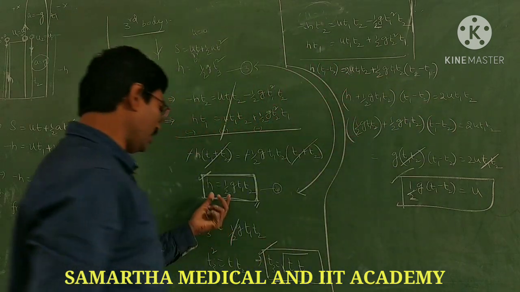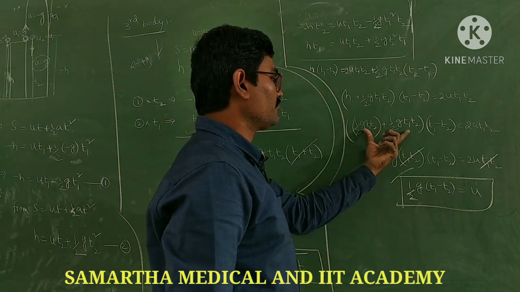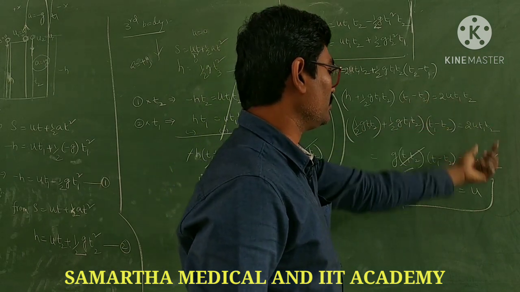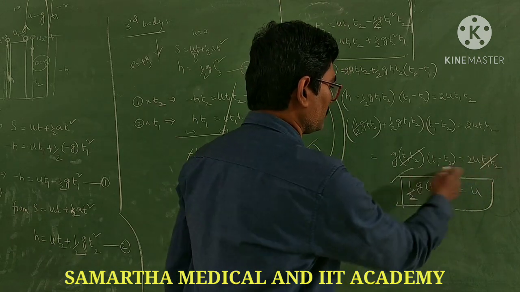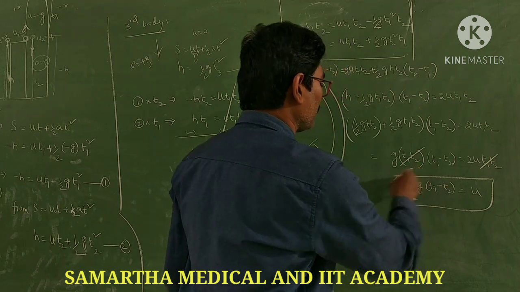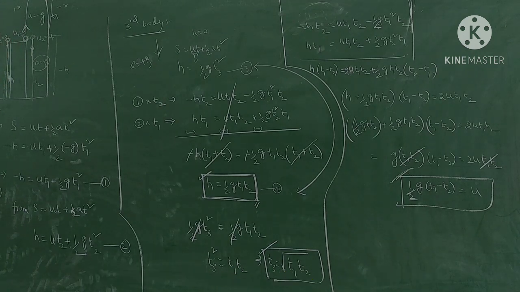You know that h is equal to half g t1 t2, so you replace it here: half g t1 t2 plus half g t1 t2 is g t1 t2, into t1 minus t2, equal to 2u t1 t2. T1 t2 cancels. After simplifying, u is equal to g by 2 into t1 minus t2. That is the velocity with which you have projected, the magnitude of velocity thrown in the upward or downward direction. Now, note down.